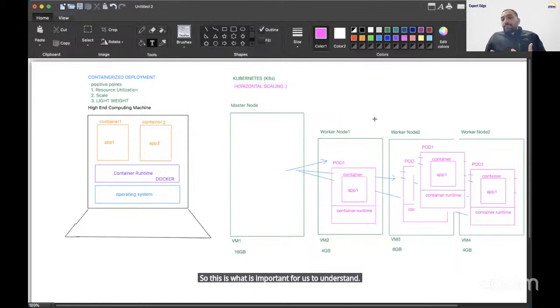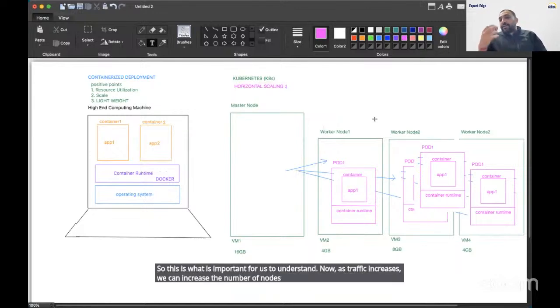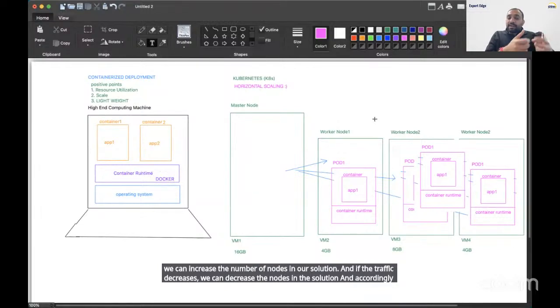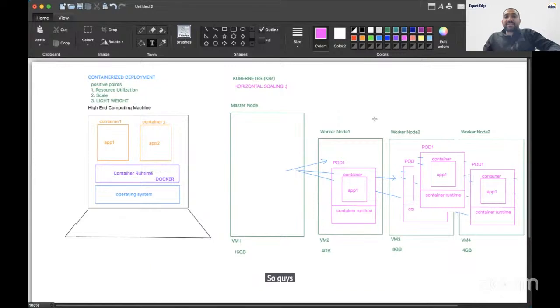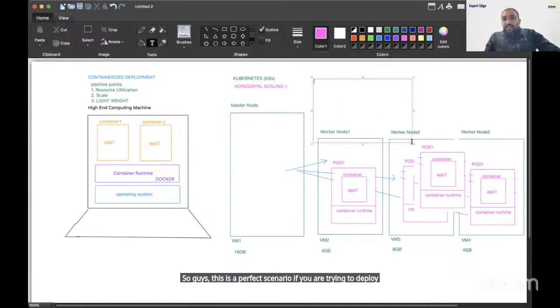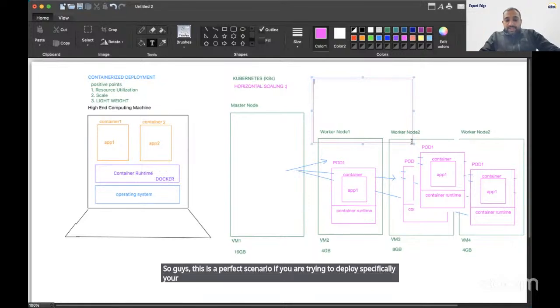As traffic increases, we can increase the number of nodes in our solution, and if the traffic decreases, we can decrease the nodes. Accordingly, my billing in the cloud is also getting optimized. So guys, this is a perfect scenario if you are trying to deploy a solution which has a microservice architecture.